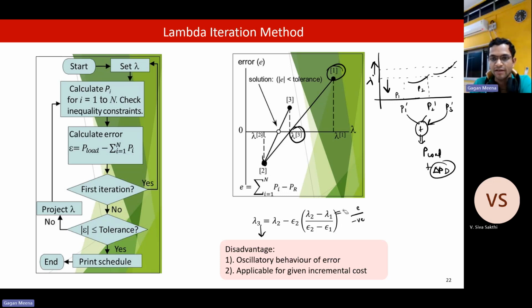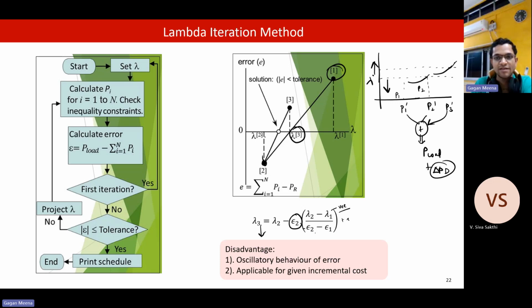Did I make a mistake? I think I have made one. Lambda 2 was less, lambda 1 was more, so this becomes negative. And E2 was negative and E1 was positive.